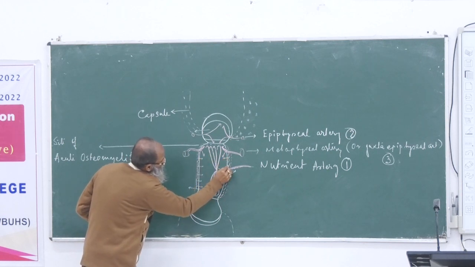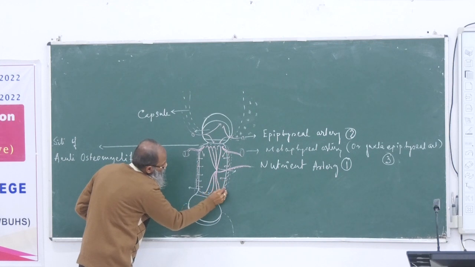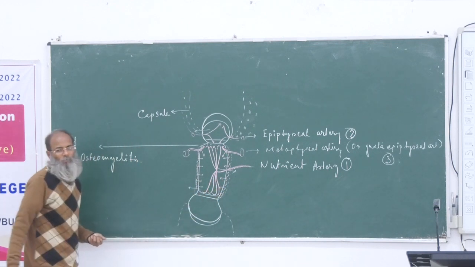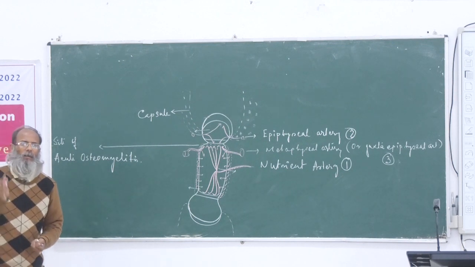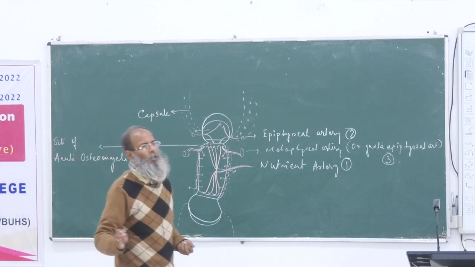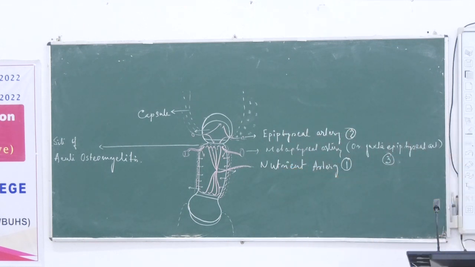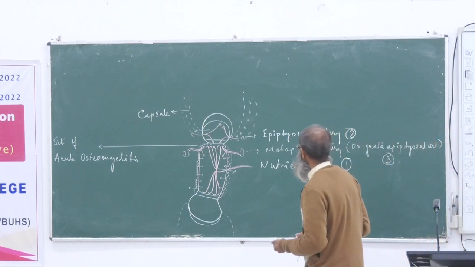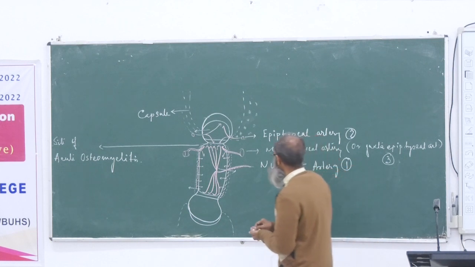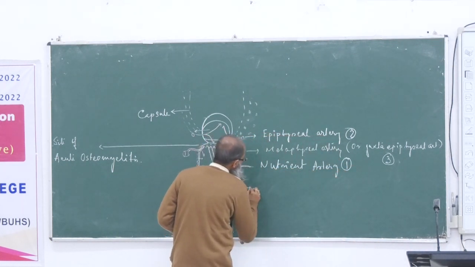This is called periosteal blood vessels or the periosteal arteries. The nutrient artery supplies the inner two thirds from the medullary cavity, and the subperiosteal arteries give rise to the outer one third of the bone. So number 4 is the periosteal vessels.